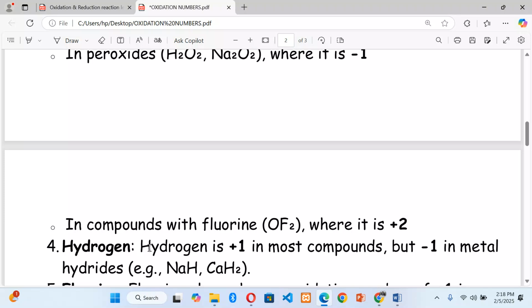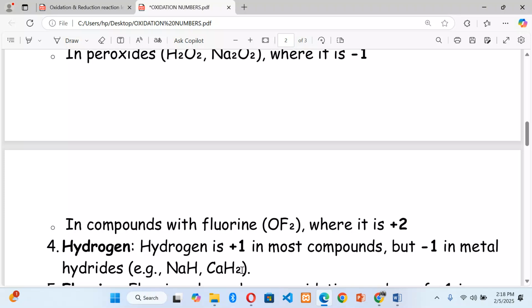Now for hydrogen: hydrogen has an oxidation number of +1 in most compounds, but -1 in metal hydrides like sodium hydride and calcium hydride. Where hydrogen is combined with a metal, its oxidation number is -1.